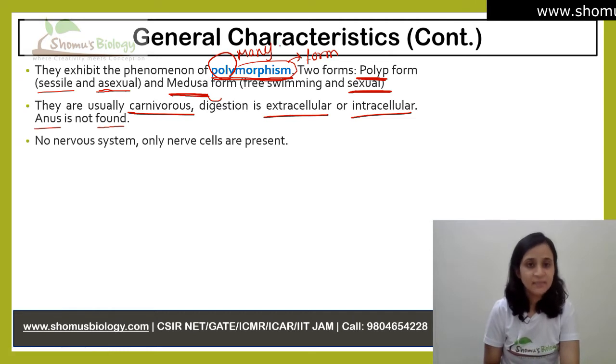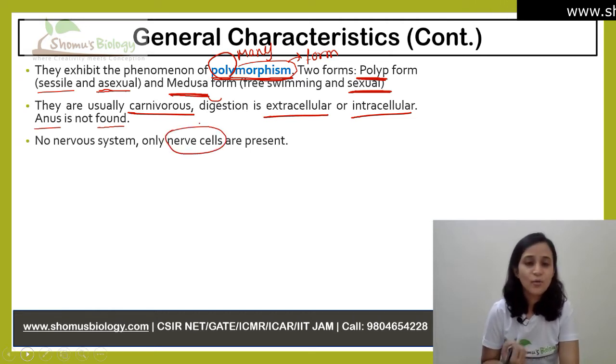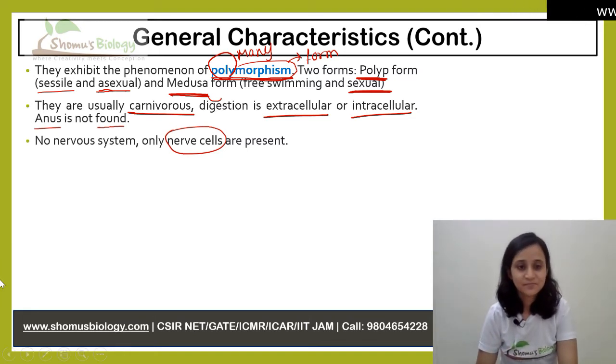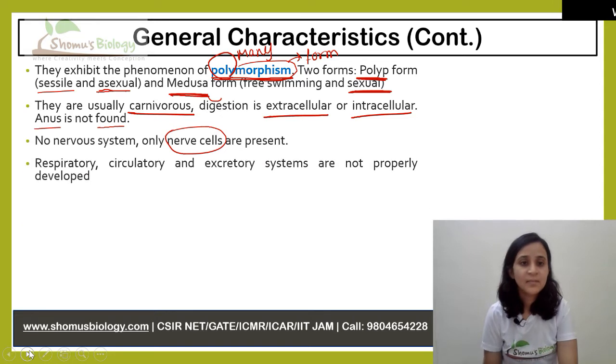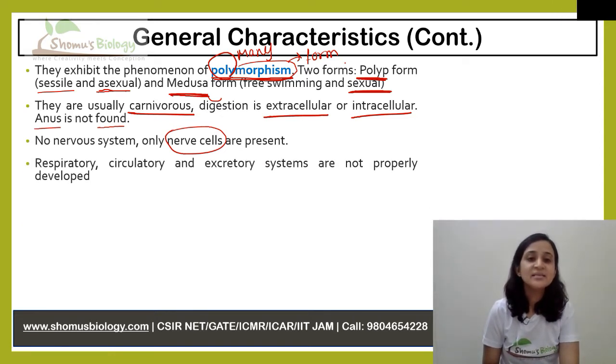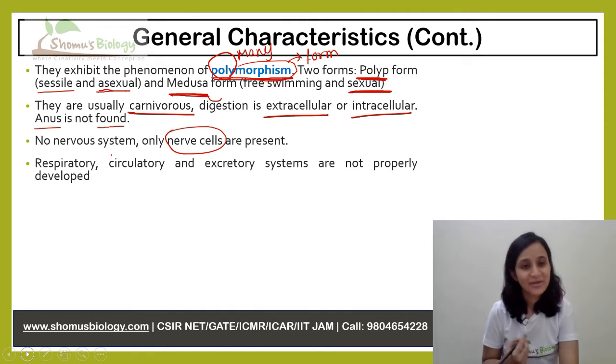No nervous system, only nerve cells are present. Respiratory, circulatory, and excretory systems are not properly developed. So they don't have any developed respiratory, circulatory, or excretory systems.